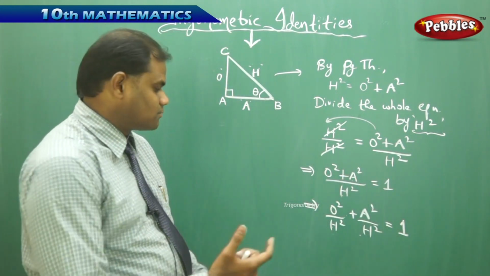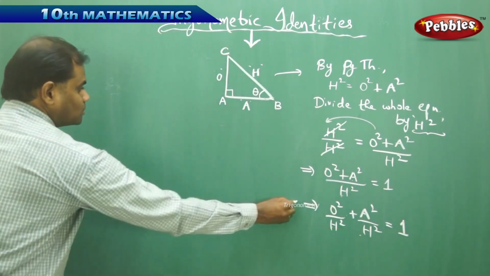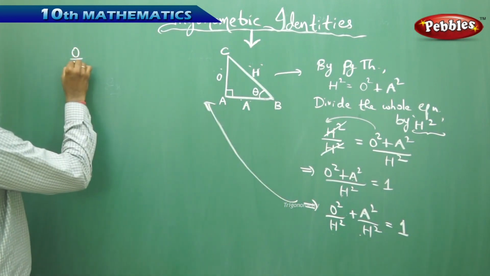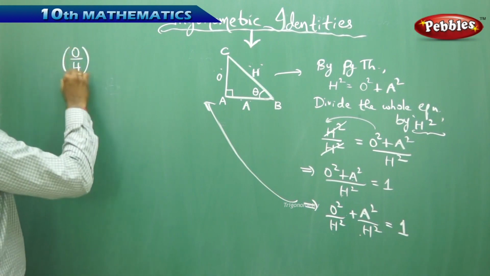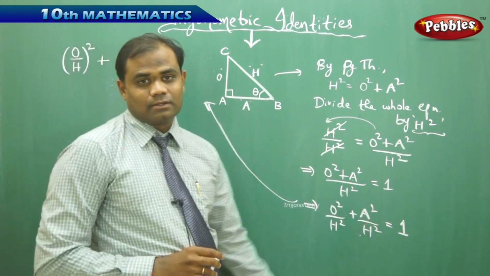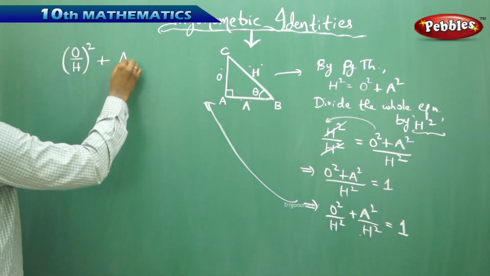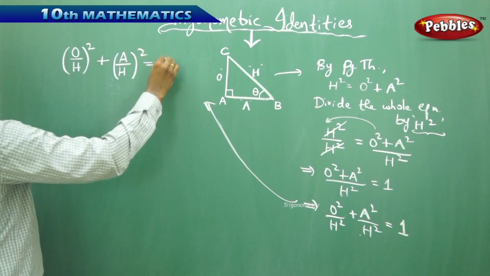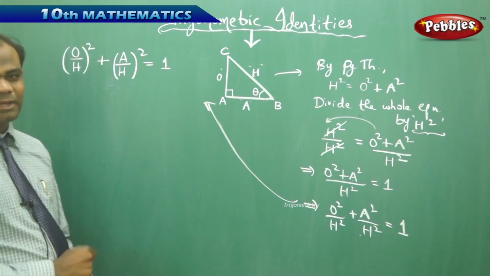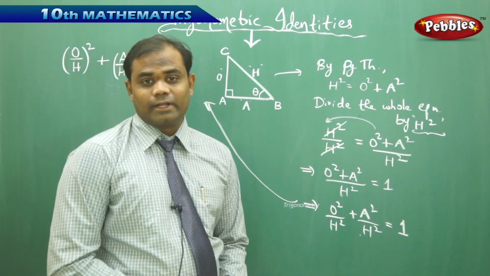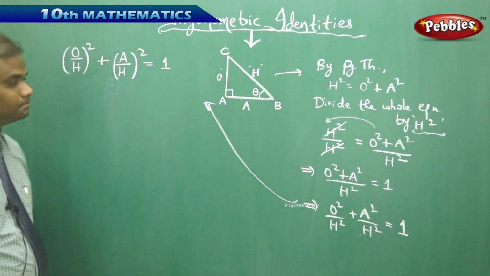And when I simplify this further, I get O square by h square, which I can write as (O by h) whole square, and A square by h square, which I can write as (A by h) whole square, equal to 1. Using the laws of indices, a power m by b power m is (a by b) whole power m, the law of index, which I have applied out here.